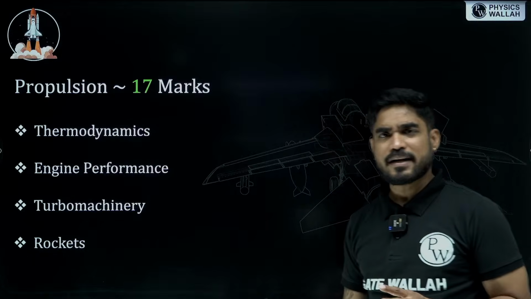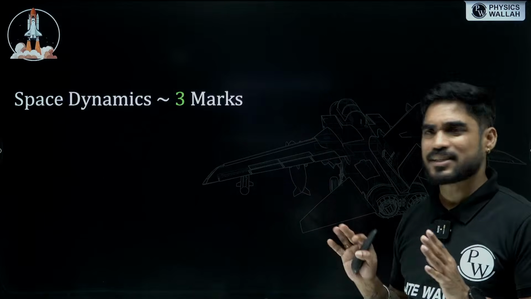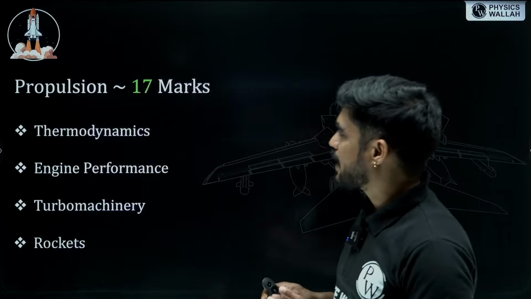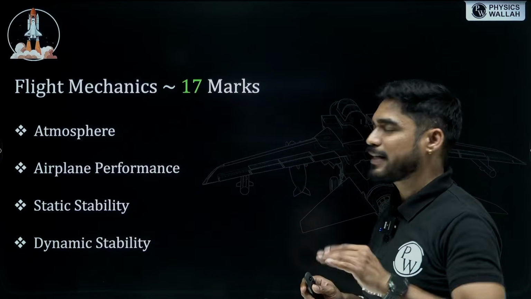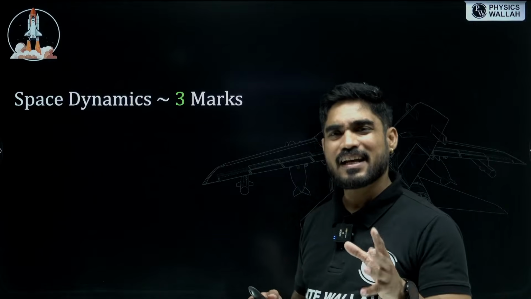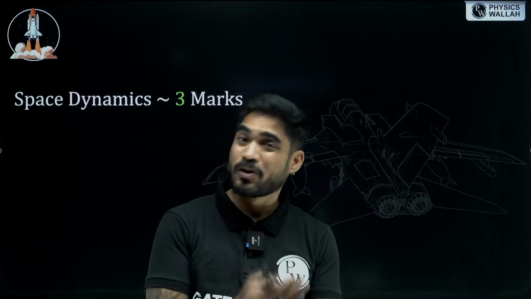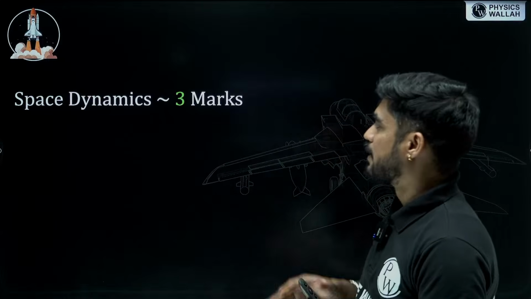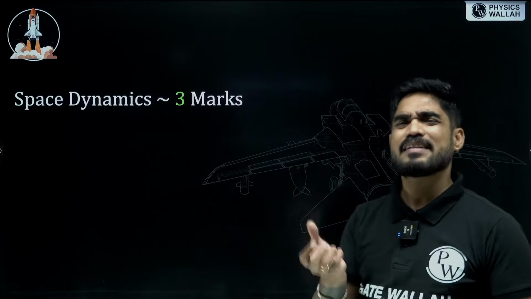The last section is space dynamics, which is almost negligible. The other sections contain 17 to 20 marks, but from space dynamics every year there are very few questions, sometimes only 2 marks, sometimes 3, 4, or 5 marks max. Space dynamics also takes very little time to prepare.